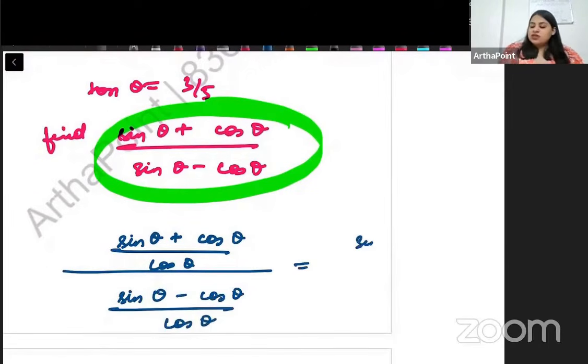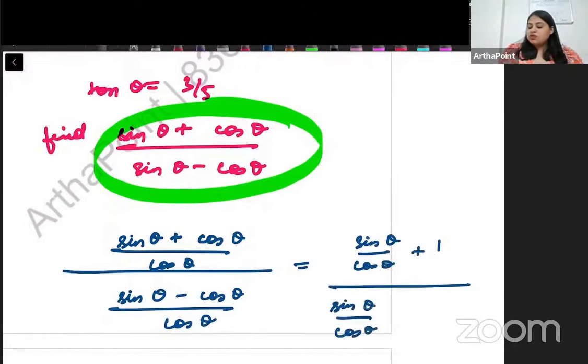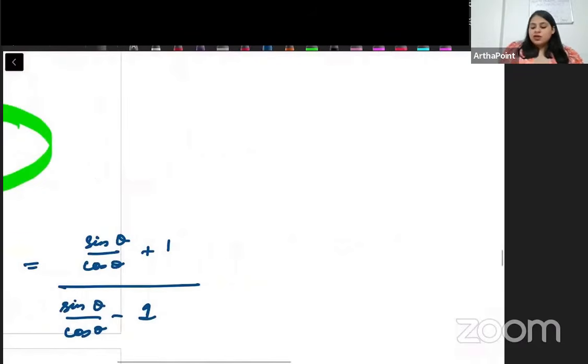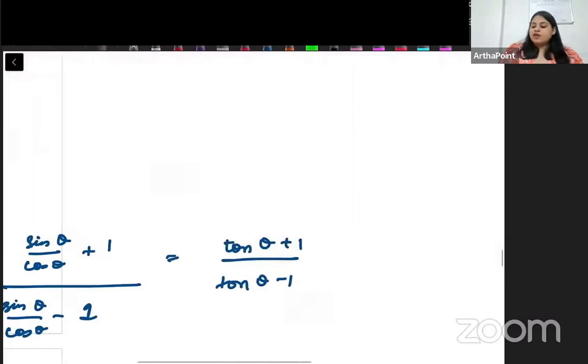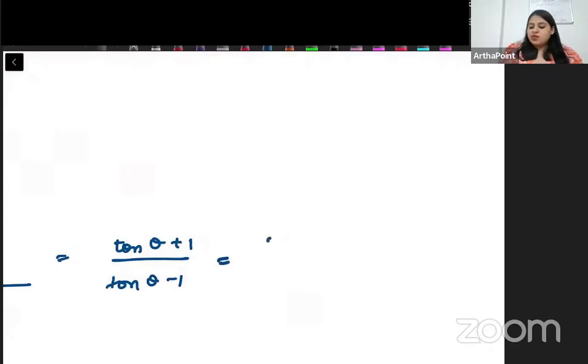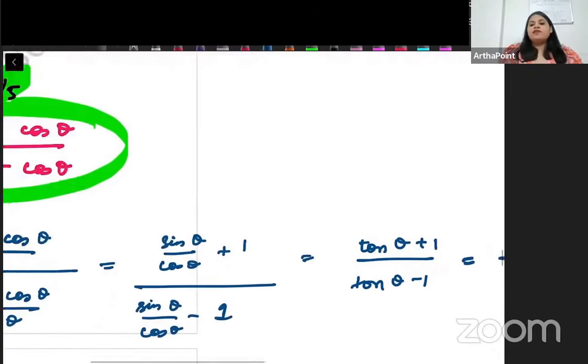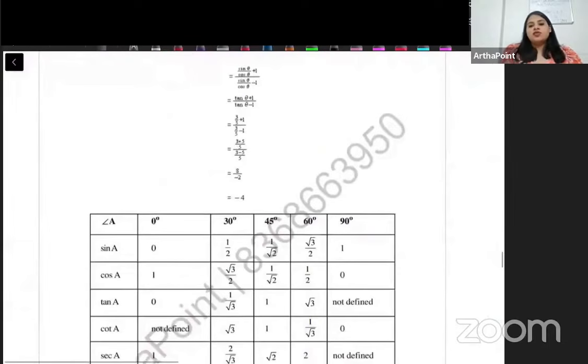So this is going to be sine theta by cos theta plus 1 upon sine theta by cos theta minus 1. So this is going to be tan theta plus 1 upon tan theta minus 1. And tan theta is given as 3 by 5. So this is going to be 3 by 5 plus 1 upon 3 by 5 minus 1. Solve it, this will come down to be minus 4.